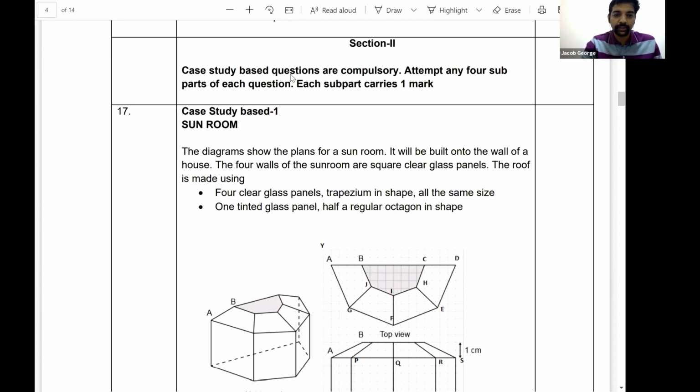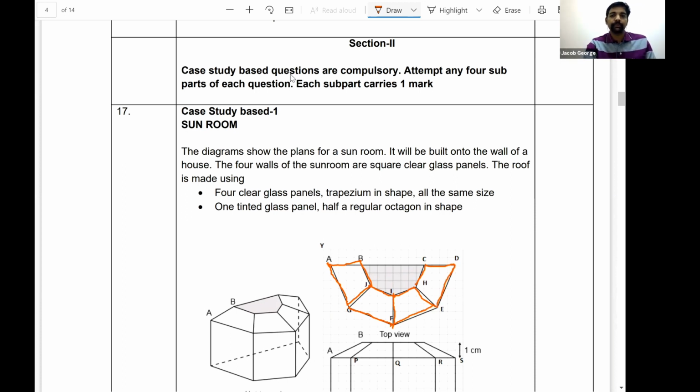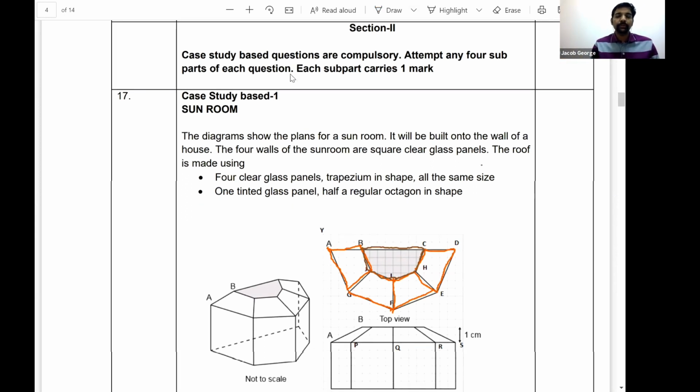You can see the trapeziums here. These are the 4 clear glass panels. This is the first trapezium, this is the second one, then the third one, and the 4th trapezium. Like this, 4 trapeziums are there.